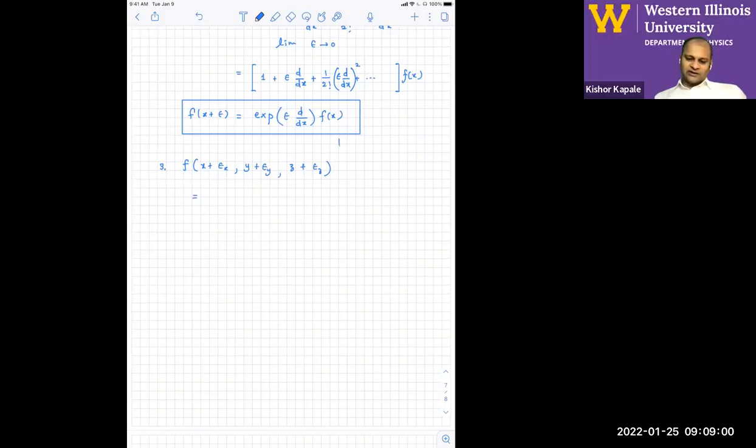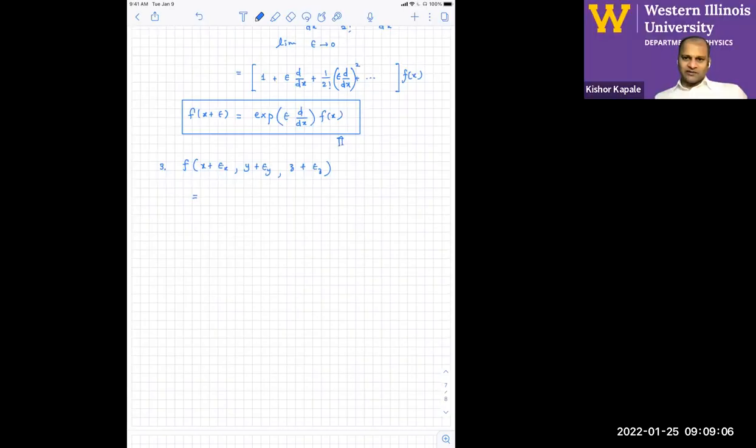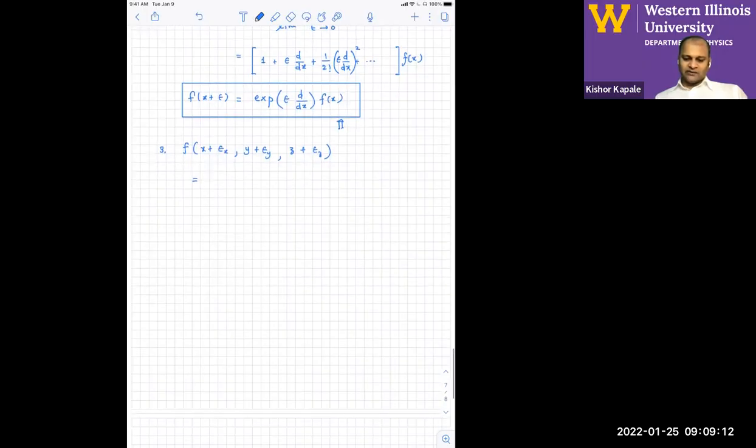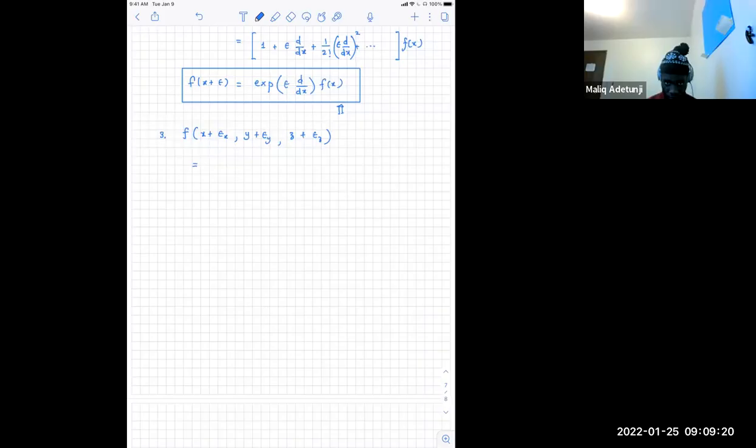We're going to use this because the compact notation always helps expand things out or extend things to newer domains. So instead of f being just the function of x plus epsilon, you have x plus epsilon x, y plus epsilon y, and so on.